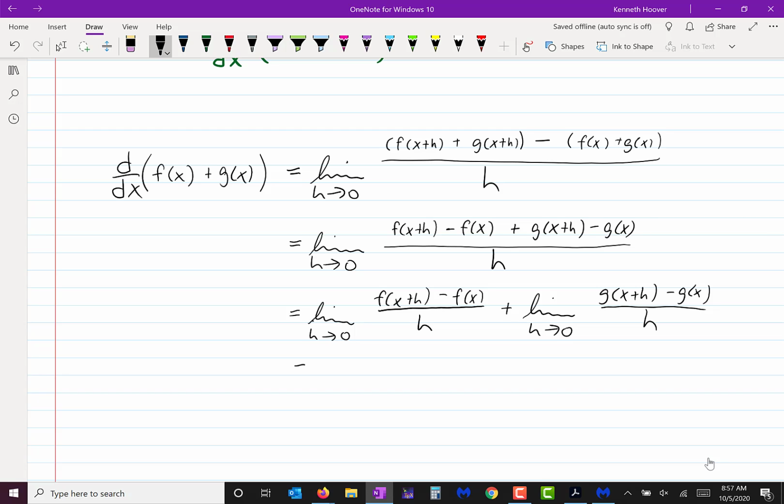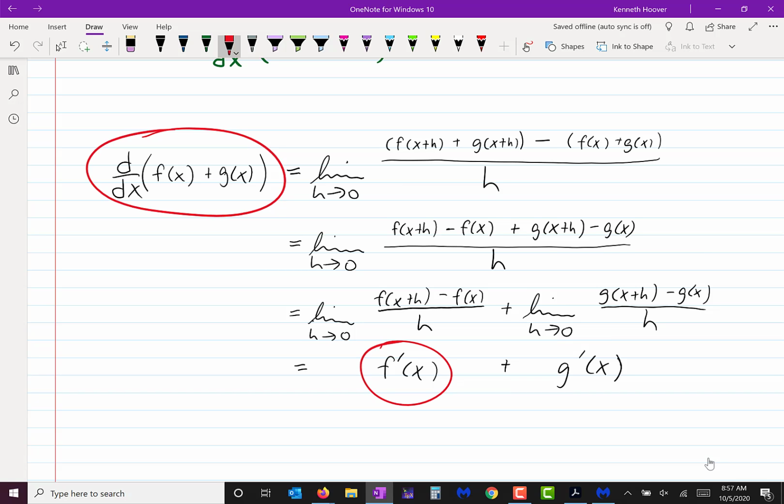And the first limit is called f prime of x. And the second limit is called g prime of x. So in other words, the derivative of f plus g equals the derivative of f plus the derivative of g.